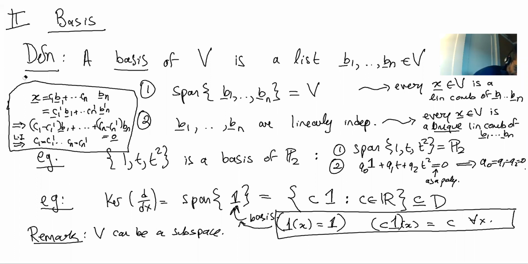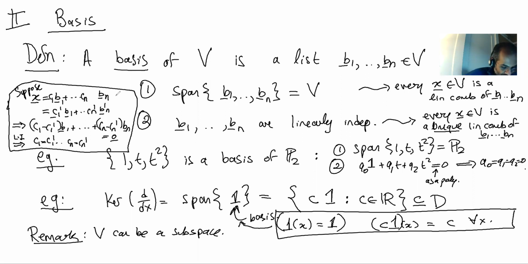So suppose some x can be written in two ways. Suppose there's a vector x, and you can write it in two ways. We don't yet know that they're different or not. So c1 b1 plus c2 b2 all the way to cn bn is one way.